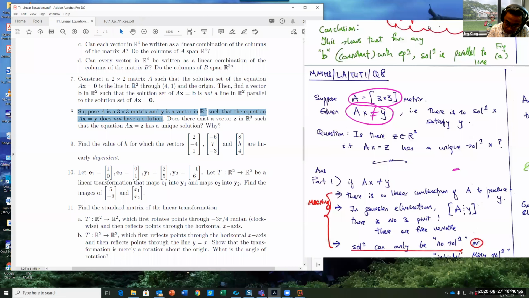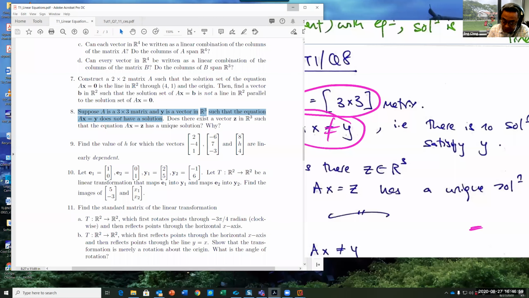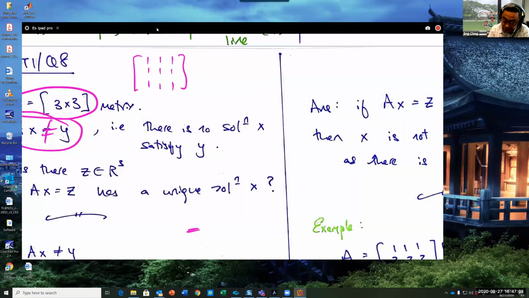If I give you a matrix of 1, 1, 1, 1, 1, 1, 1, 1, 1, and then X, Y, Z up to you to choose, and then I give you 1, 2, 3, you realize that no matter how you choose X, Y, and Z, there is no way you can get 1, 2, 3 out of columns of all 1.